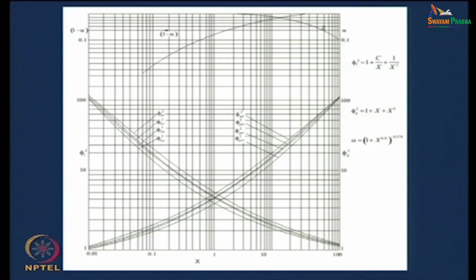So, from this one curve, if you can calculate x square, you can calculate phi L square, you can calculate alpha. Once you can calculate both these quantities, we can go to the mixture momentum equation which we had derived for two phase separated flow.